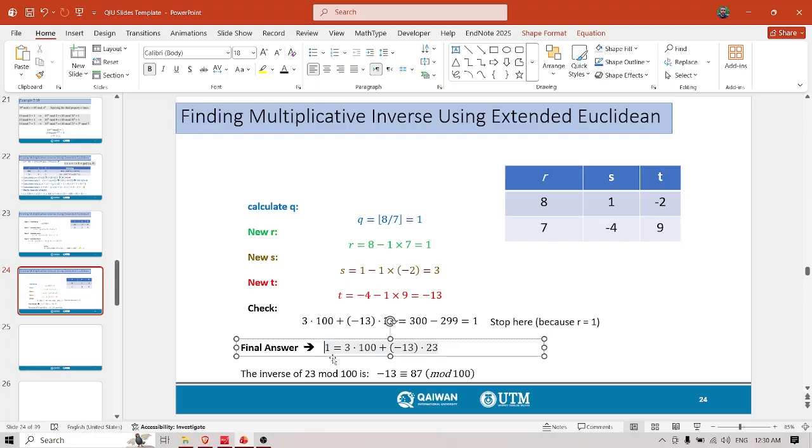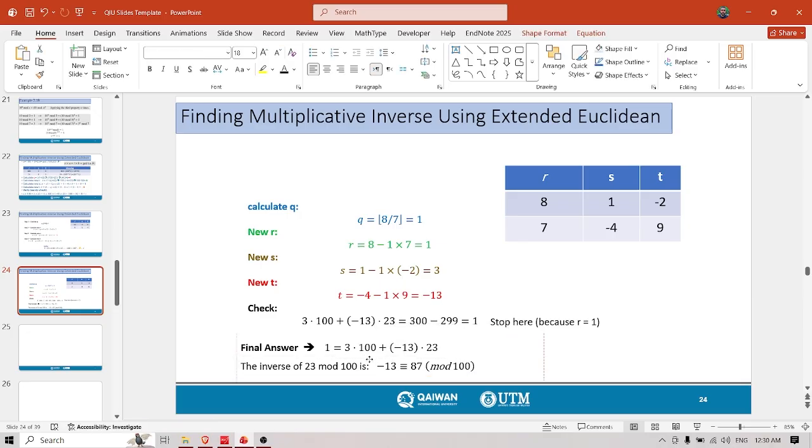Now we will say that the final answer is equal to 3 multiplied by 100 plus minus 13 multiplied by 23, and it would be equal to 1. If we check this one, you will also get the 1, and the inverse of 23 mod 100 would be minus 13, congruent to 87 mod 100, and again the both would be 1.